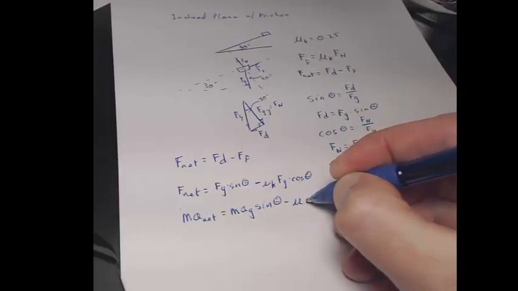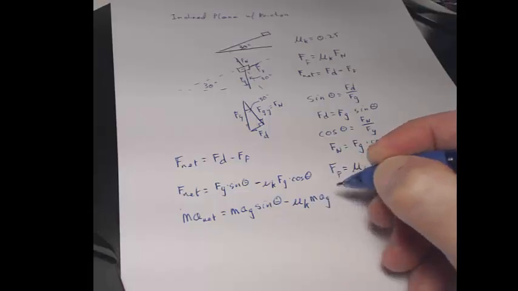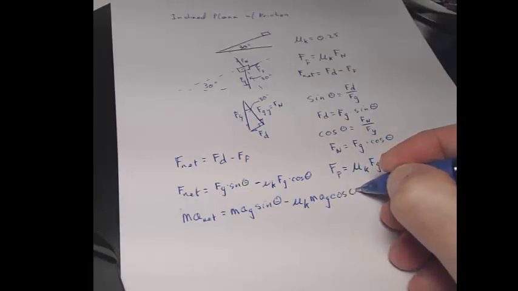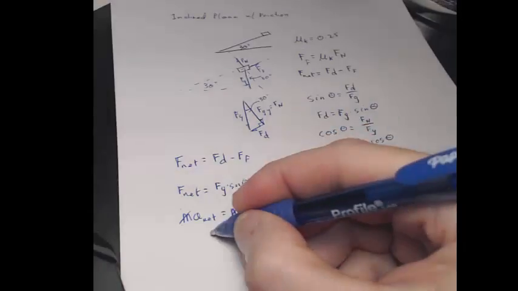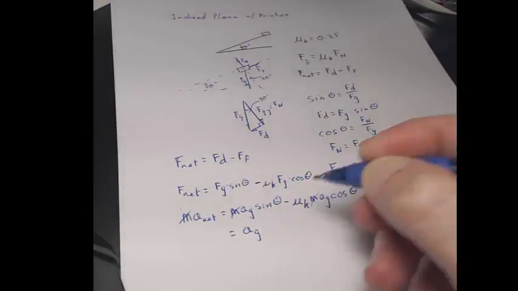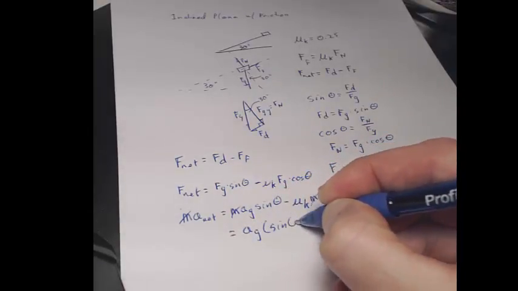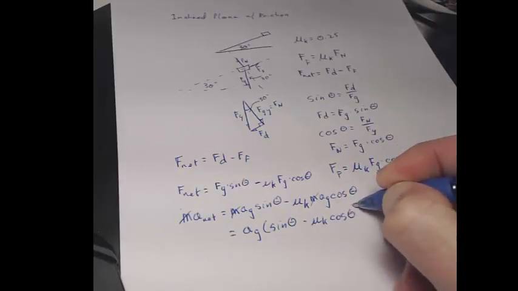I'll subtract from this mu k times my force of gravity again, which is mass times acceleration due to gravity, times the cosine of my angle. You can see that my masses conveniently cancel out. So you do not need to know the mass to figure out the acceleration. Acceleration is just going to be the fractions of gravity that participate in this. So I can simplify this. My net acceleration is going to be acceleration due to gravity times the sine of theta minus mu k times the cosine of theta.